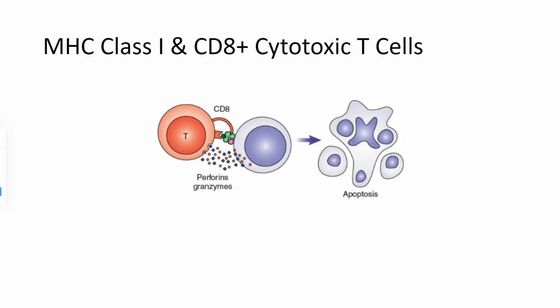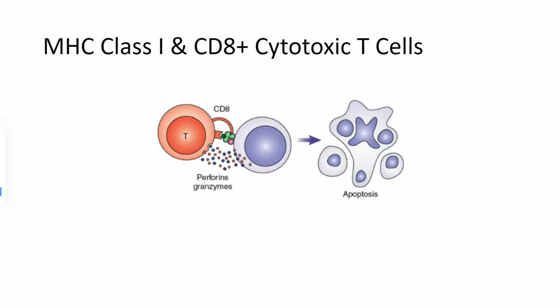The role of class 1. MHC class 1 is found, like I said, on all nucleated cells. So if a virus happens to get inside of a cell, let's talk about the cells of your throat, the virus's goal is to divide and make many copies of itself.